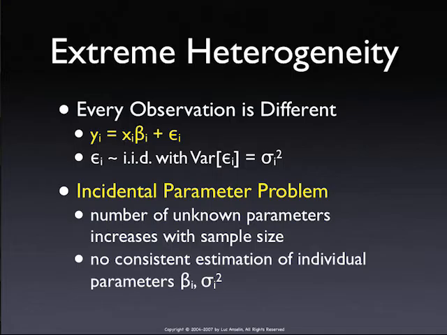For example, the heteroscedastic model where the White variance estimator is used. A lot of times when students look at this the first time, they say, oh, we're estimating a different variance for each observation. Well, you actually don't. That's impossible. That's never going to work, because you cannot estimate a parameter with a single observation.